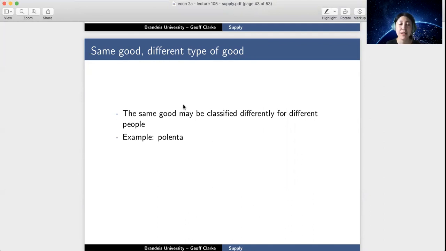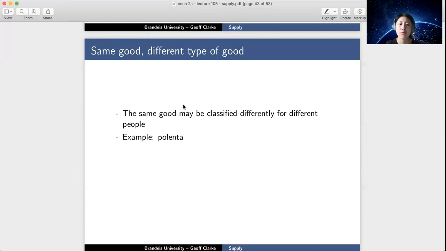For people who really like polenta because they put a lot of emphasis on their health, or they really just like the taste of polenta, polenta can be a perfect normal good because they really like it. They have a preference for polenta over other types of foods. If they got more money, they would consume more polenta. So that fits the definition of normal goods.